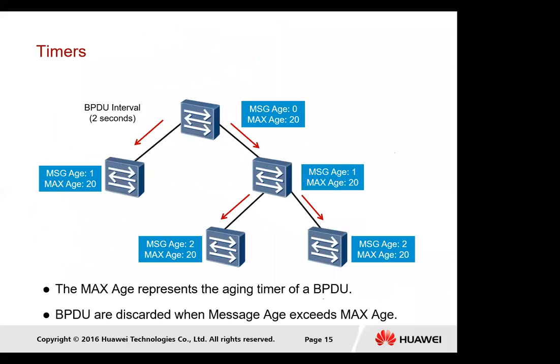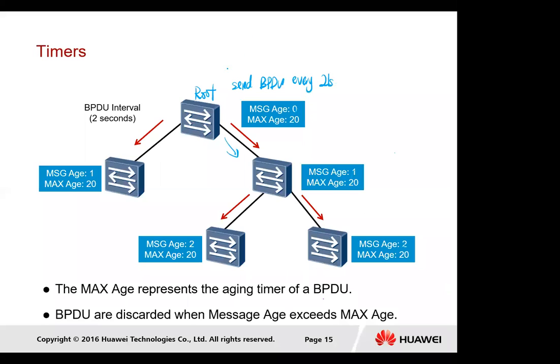We have the max age, which represents the aging timer for the BPDU, and the BPDU is discarded when the message age exceeds the max age. Starting from the root, the root will send a BPDU every 2 seconds. It starts from 0, then 1 hop, and 2.